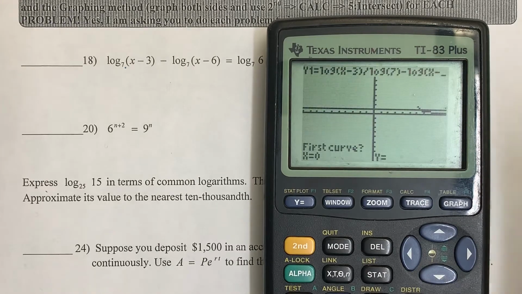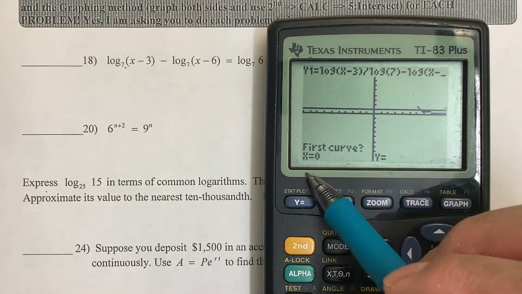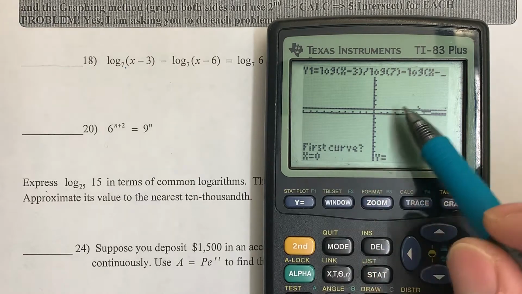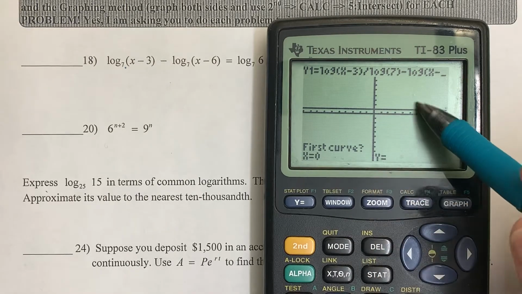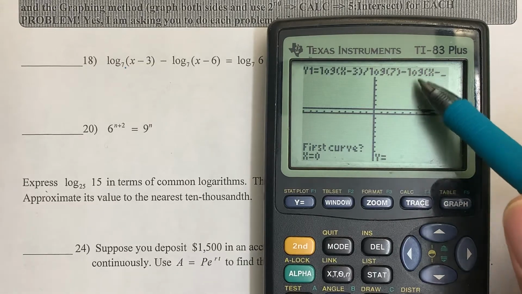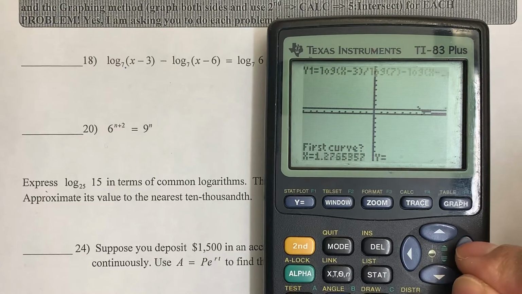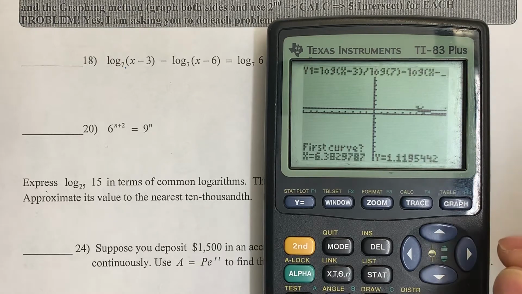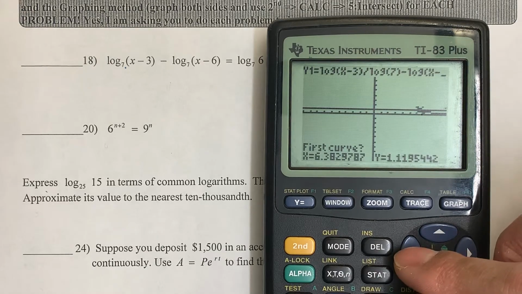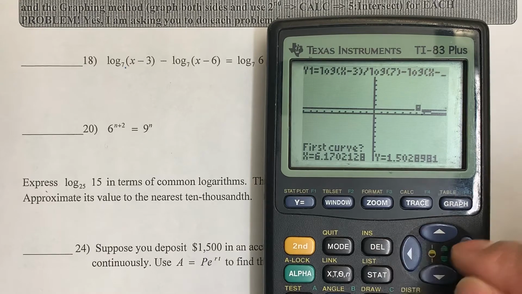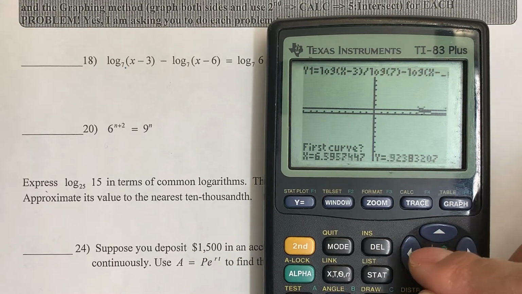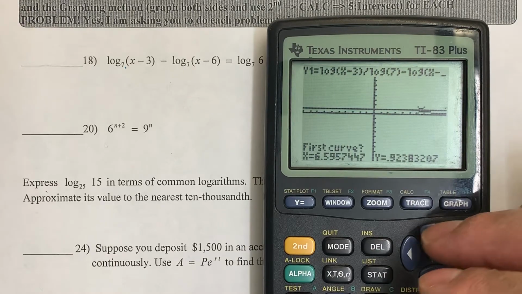Okay, now here's where this gets tricky because it starts off at x equals 0, but at x equals 0, the logarithmic function is not defined. It's going to have an asymptote somewhere over here. It looks like 6 or 7. So we have to move this cursor over until it shows up. 3, 4, 5, 6. Yeah, right around there. That was pretty good. Yeah, right there around 6.3, 6.5.